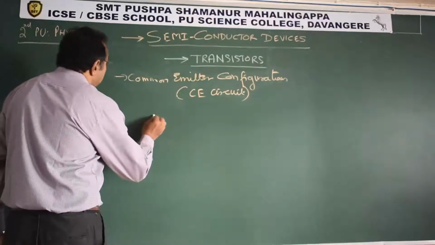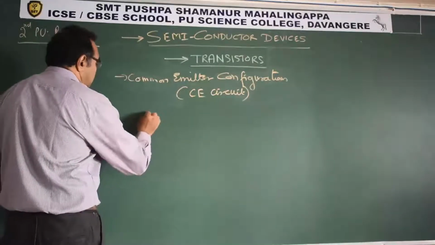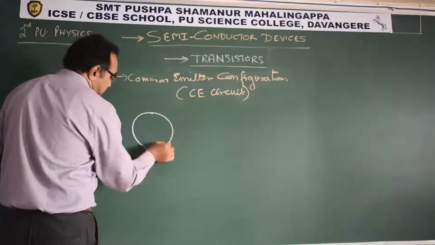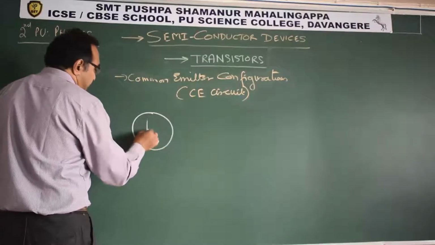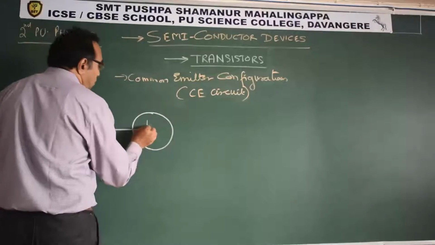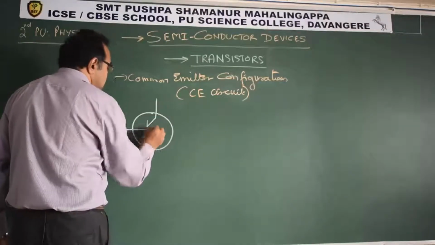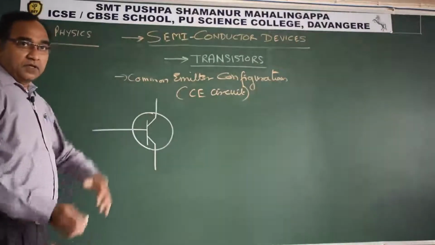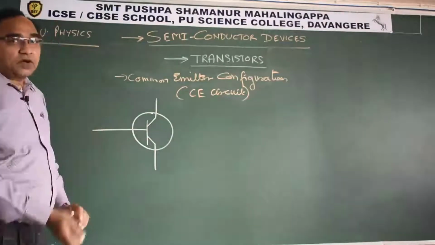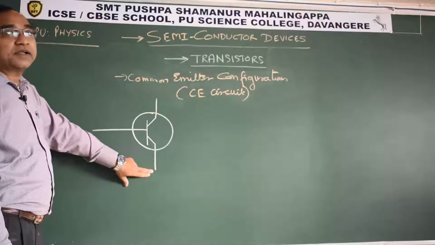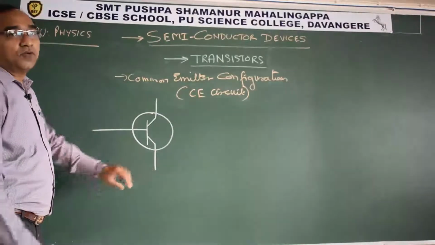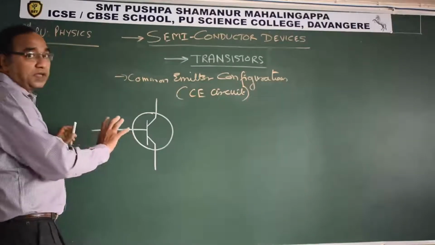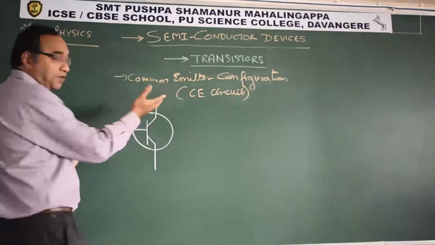So if I use the symbol, just remember what was the symbol, something like this. I have rotated it because I have to make emitter common. So don't think I have drawn this to improve the aesthetic beauty of this topic.